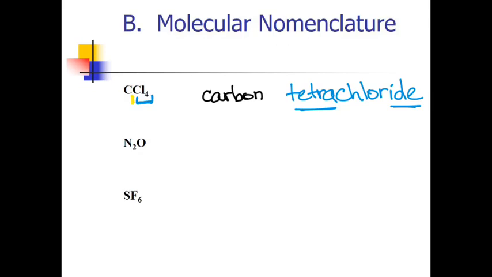For the next one, we have 2 nitrogen atoms. So for the number 2, the prefix is di. And you just write down the element name, which is nitrogen. And for the last part, there is only one oxygen atom, because that's an understood one subscript. So you have to use the mono prefix.